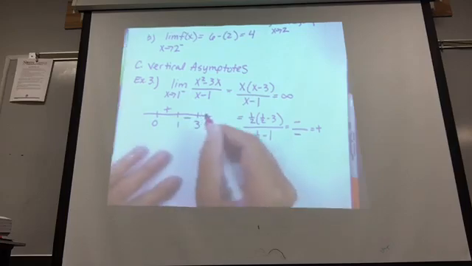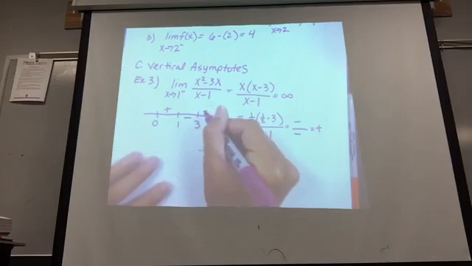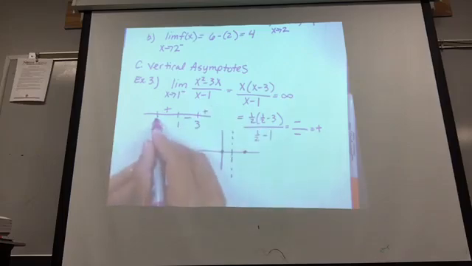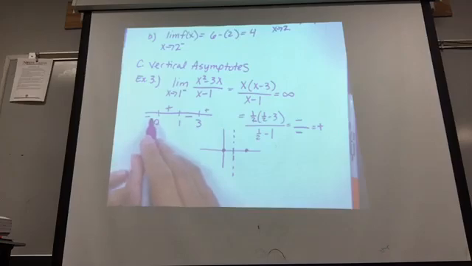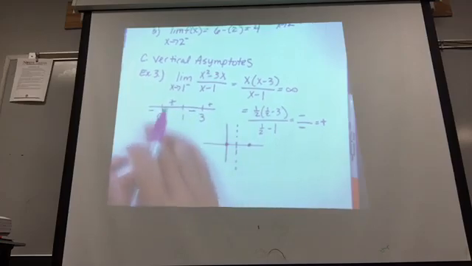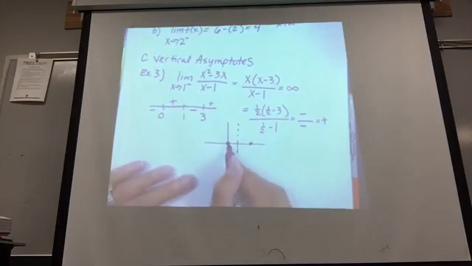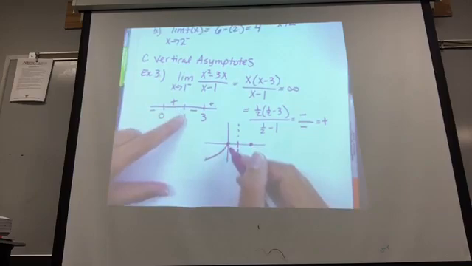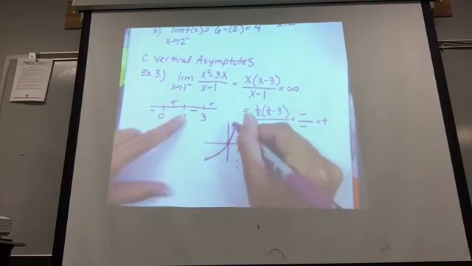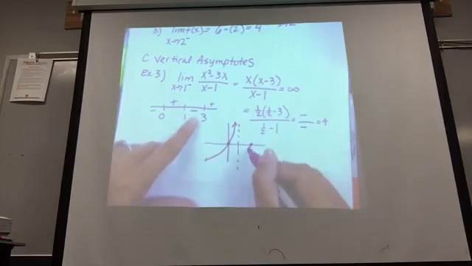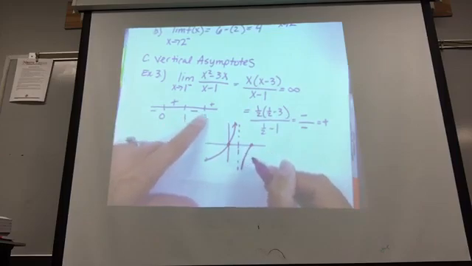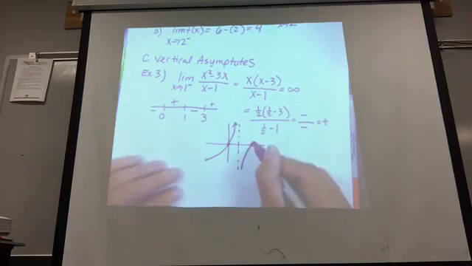And then if we did the work, to the right of 3 is positive, to the left of 0 is negative. So if I put those sign analysis below and above the x-axis, to the left of 0 is below the x-axis, to the right of 0 and up to our VA is above it, and then to the left of 3 is below the x-axis, and to the right of 3 is above the x-axis.